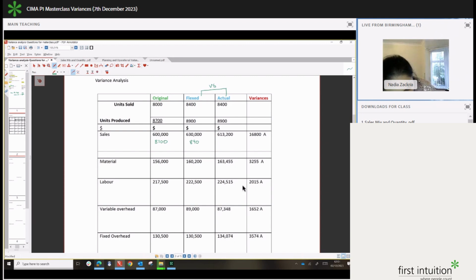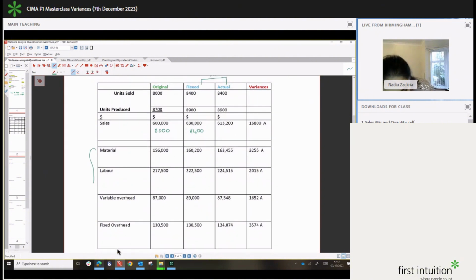Sorry, this would be 8,000 and 8,400 because it is sales. Whereas here this is based on production. Right, so 8,700, 8,900. We don't care about the originals because we're always going to compare the flex versus our actual figure.